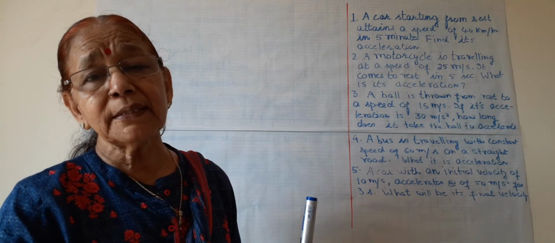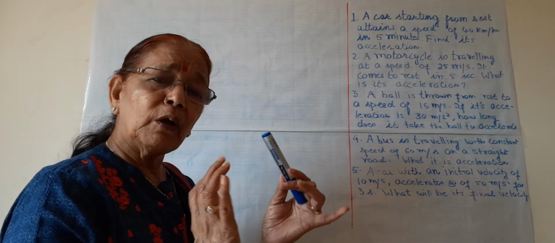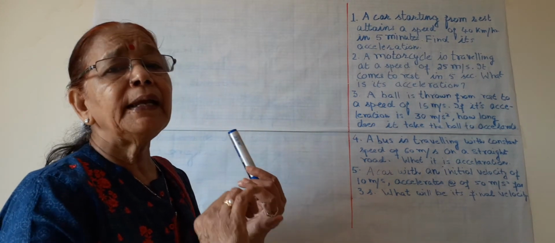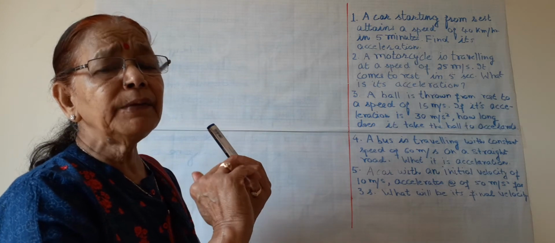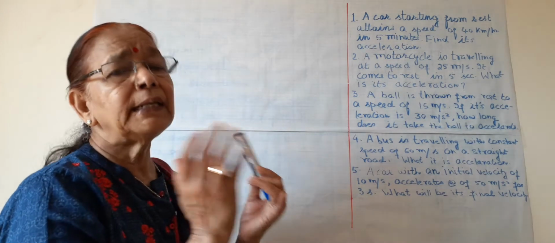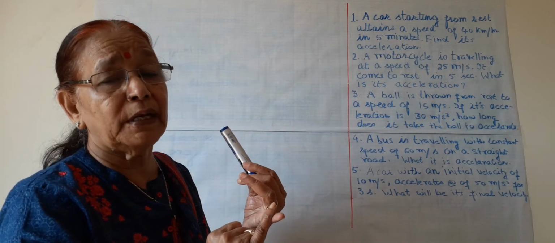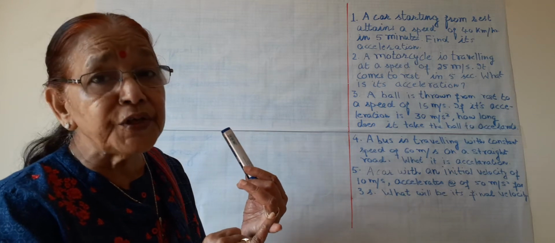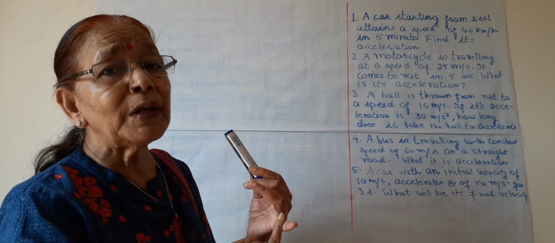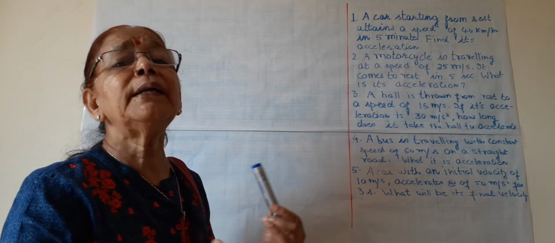You remember this definition? When we say rate, it means we are dividing by time. Time is in the denominator, it is rate. So rate of change of velocity, or we can say change of velocity per unit time.